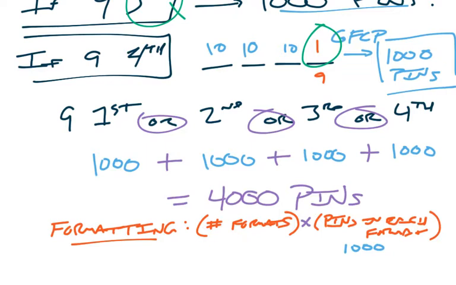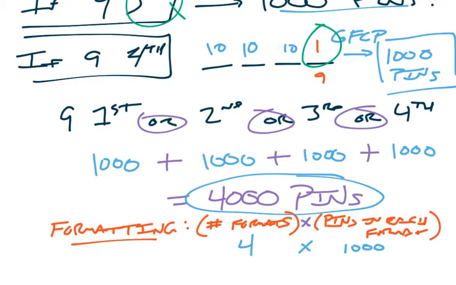In other words, there are 4 ways of formatting a pin that has to have one 9 in it. Or at least one 9 in it. Right, so there's a 4 right there. Fundamental counting principle says to multiply these together. That gives you the 4,000 that we just said we are supposed to have.